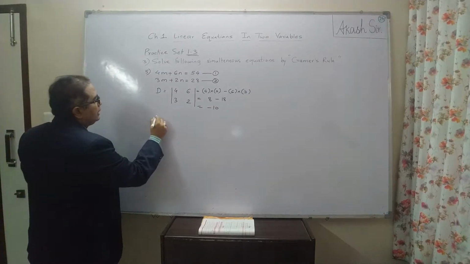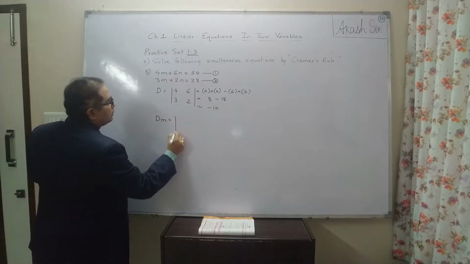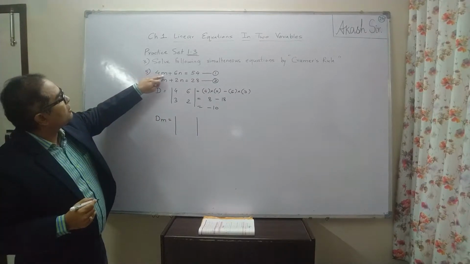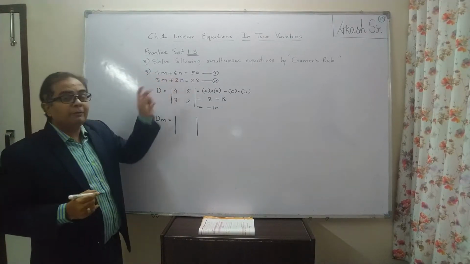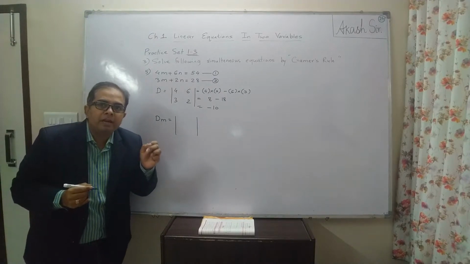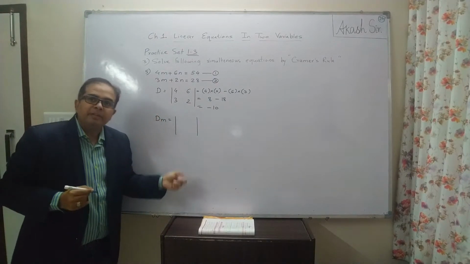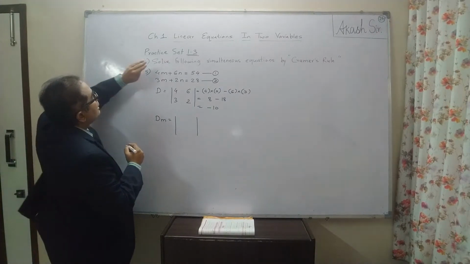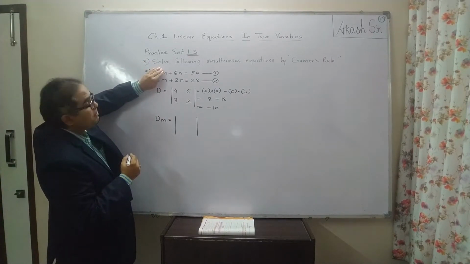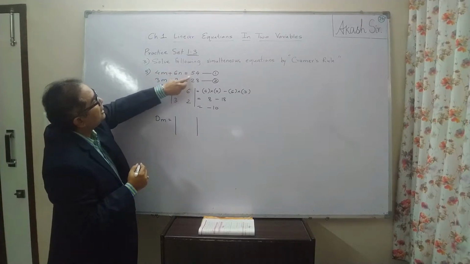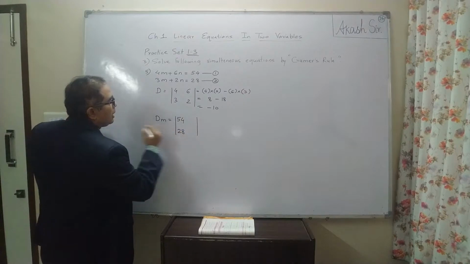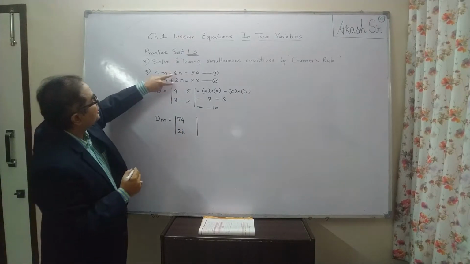Now Dm, be careful here. In this case the variables are m and n, so instead of Dx, Dy we should write Dm, Dn. Right? So Dm is equal to, replace the coefficient of m with the last numbers, that is 54, 28, and the coefficient of n as it is, 6, 2.